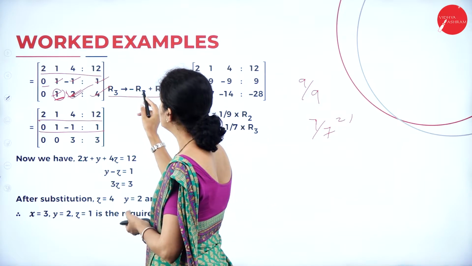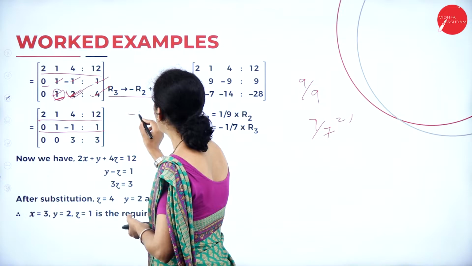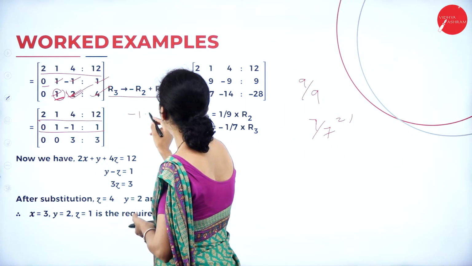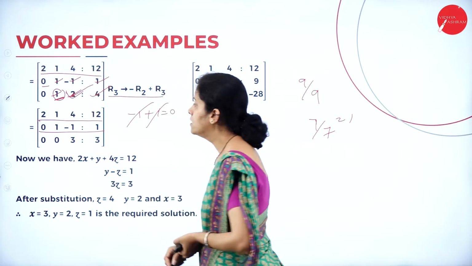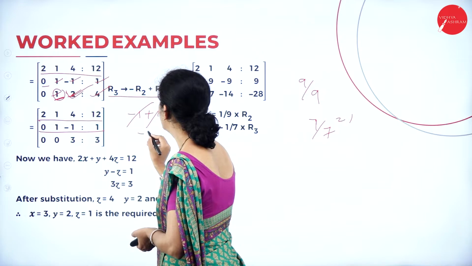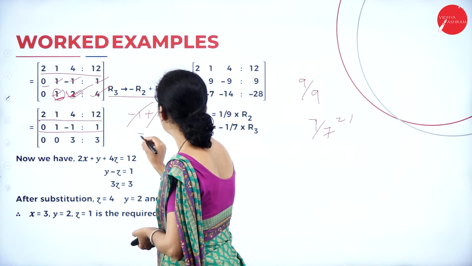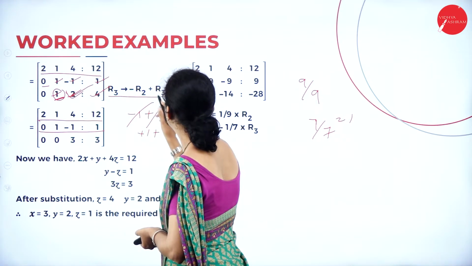So what is minus R2? That is minus 1, plus 1, which is 0. That means I'm going to cancel. Now here, minus R2, that is minus of minus, that is plus 1. Then I have 2.